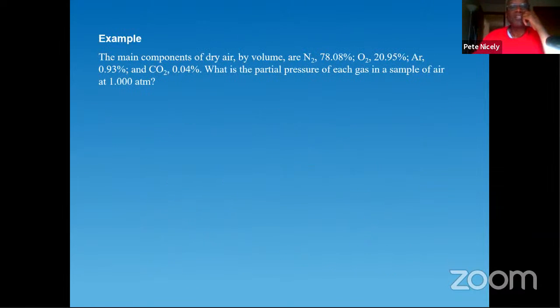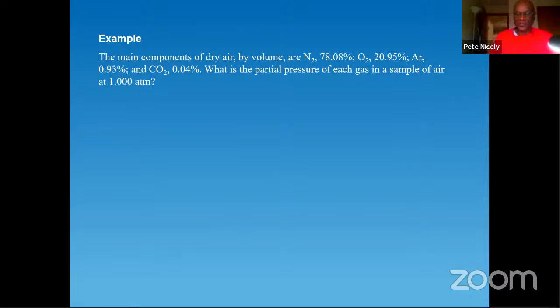So based on what we have learned on the previous slide, we can do this example. It says the main components of dry air by volume: nitrogen is 78.08%, oxygen is 20.95%, argon is 0.93%, and carbon dioxide is 0.04%. The question is asking, what is the partial pressure of each gas in a sample of dry air at 1.00 atmosphere?